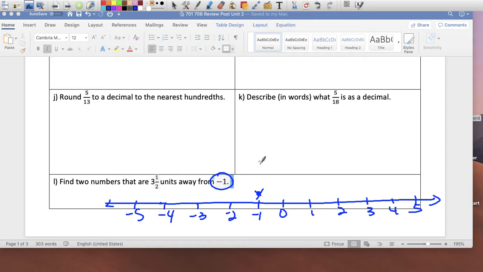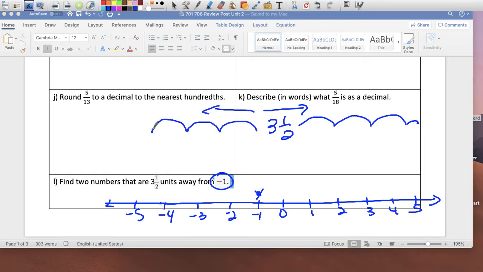You want 3.5 units, so we're going to go 3.5 units that way, 1, 2, 3.5. And we'll go this way, 1, 2, 3.5.